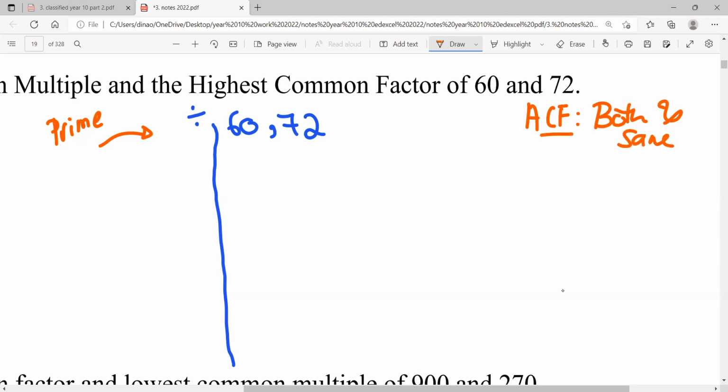I ask myself, both numbers 60 and 72 can be divided by the same prime number which is 2. So I divide by 2. 60 divided by 2 is 30, and then 72 divided by 2 is 36. And then I ask the same question again. Both these numbers are divisible by the same prime value which is 2.